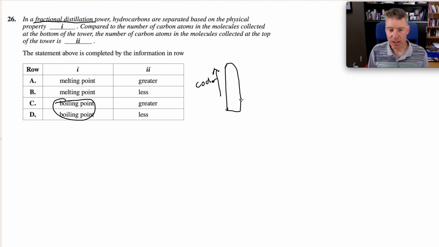And only the lowest boiling points are going to make it to the top before they condense. So the smallest will go to the top. The larger, higher boiling points will stay at the bottom. So the second part, the number of carbons in the molecules collected at the top of the tower will be less. So that makes this D.